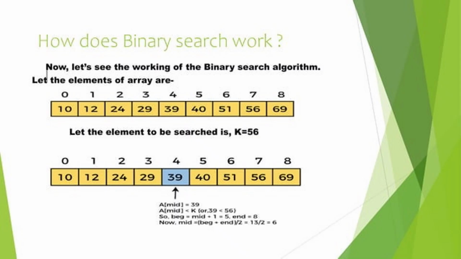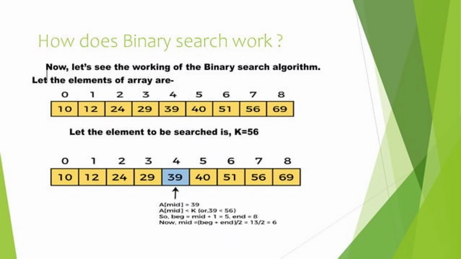First of all, we have to find the middle element. There are 9 numbers in total, so the middle element is the number 39, found at index 4. Adjusting the search interval, we find the new middle element is 51.